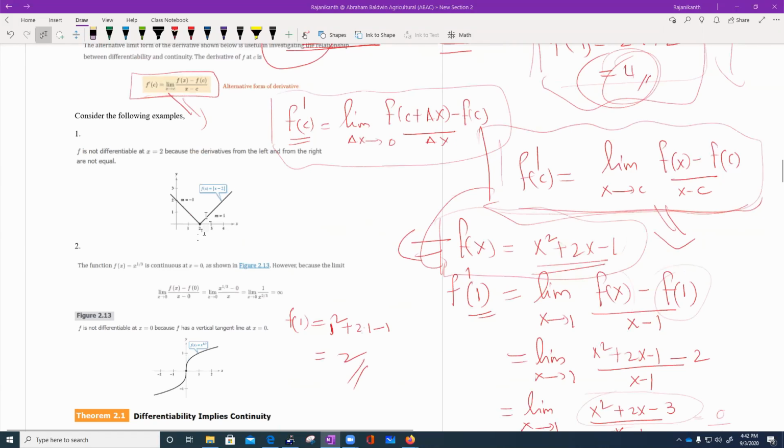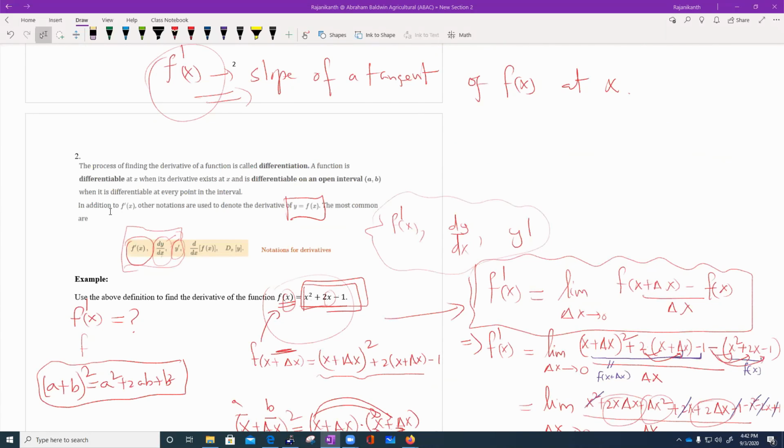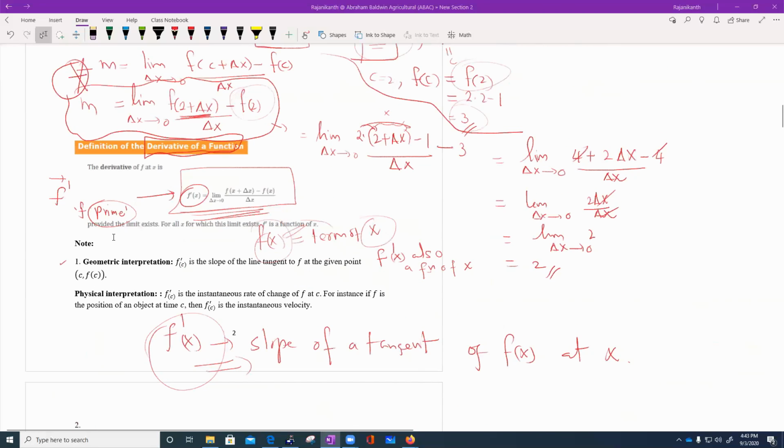Now, there are some examples I have included here. Dr. Raj, yes, go ahead. You haven't done an example of finding the equation of a tangent line yet, have you? In this exercise, you mean? Yes, sir.